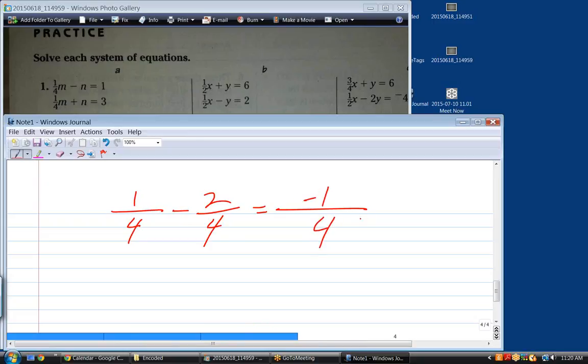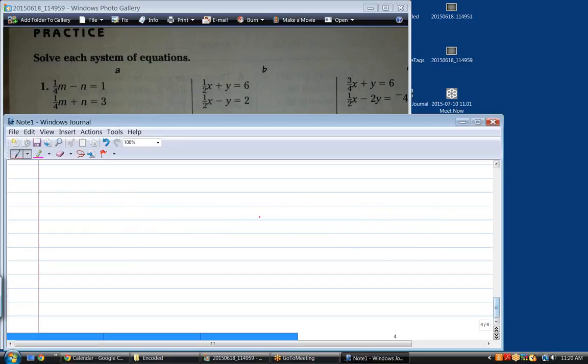So it's -1/4, which is the same as minus 1/4. All right. Let's talk about different denominators. If I'm adding, let's add 3/4 plus 2/3.